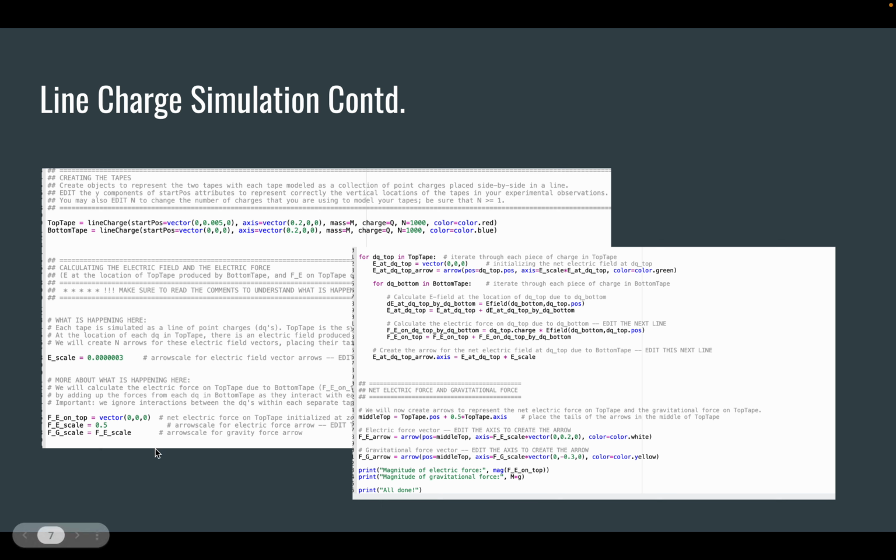Here we're scaling our vectors and initializing the forces.